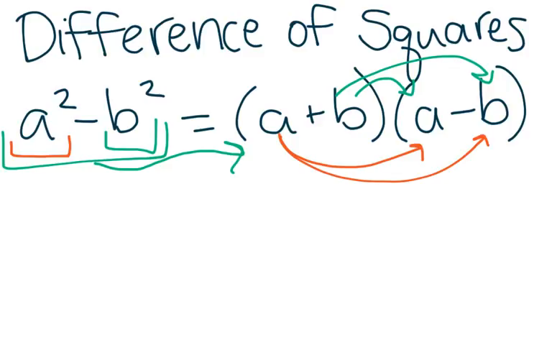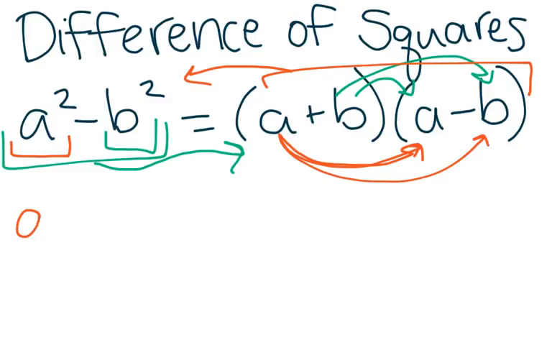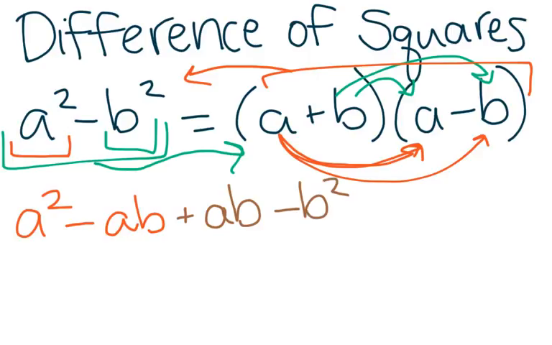And let's double check and make sure that this actually makes sense and works by using the distributive property to see if this expression right here turns back into a squared minus b squared. So a times a is a squared, a times negative b is negative ab, then we have b times a is positive ba, which is also the same as ab, and b times negative b is negative b squared.